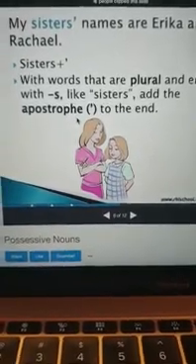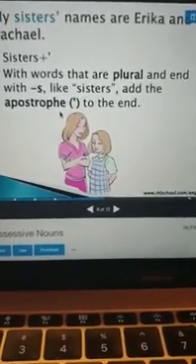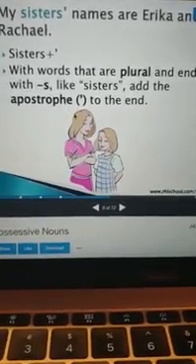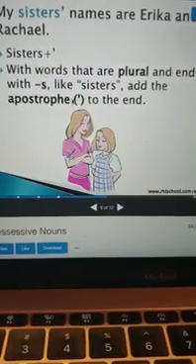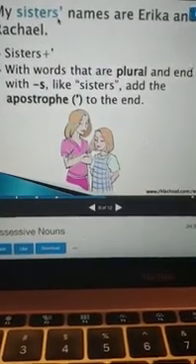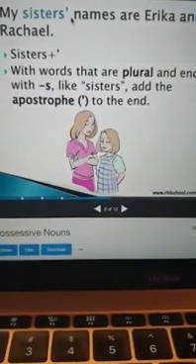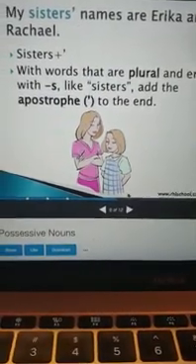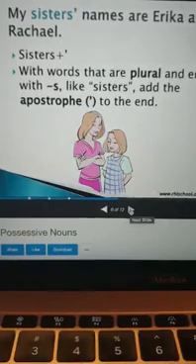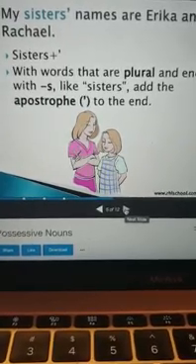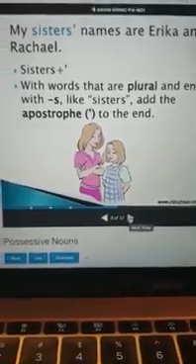But if the noun is plural, like here sisters is plural, we will use only the apostrophe at the end. So here it will be sisters apostrophe, no second s at the end. In singular you can use it, but what is more acceptable is to use only the apostrophe at the end.